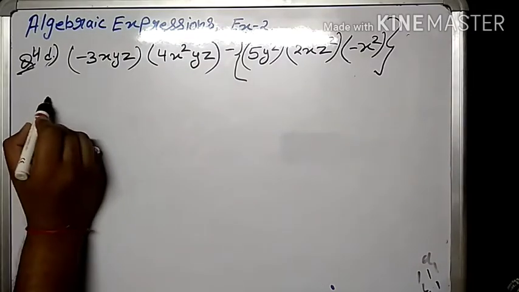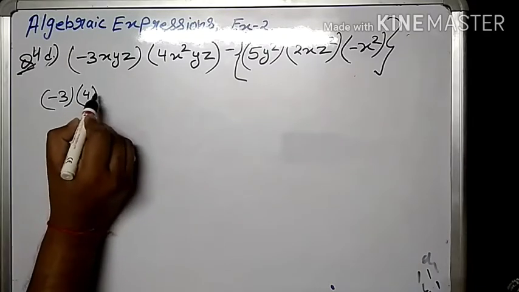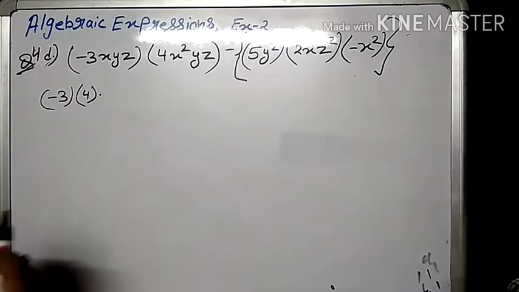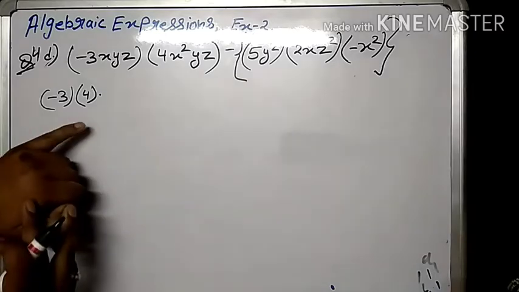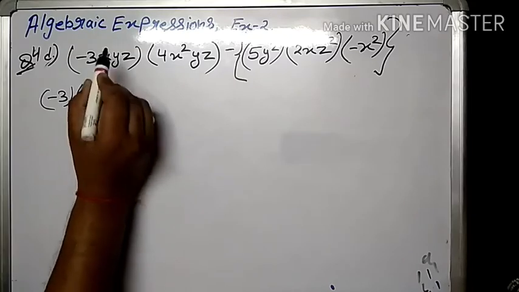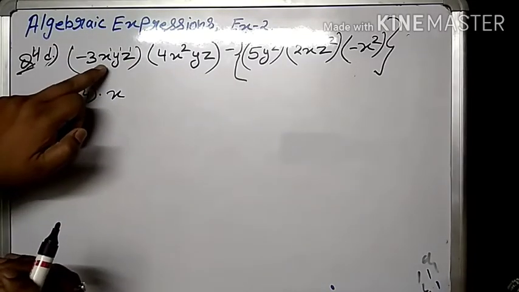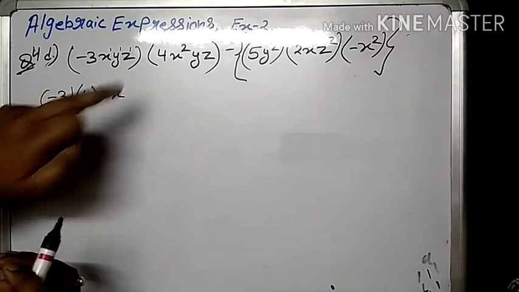Now here minus 3. Again, as I said, the constant terms are written first, so that you do not make any silly mistakes. So we take out all the constant terms first, and then x. Again we mark power 1 on all three variables x, y and z.